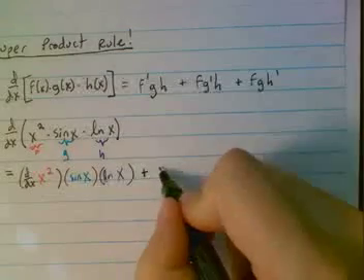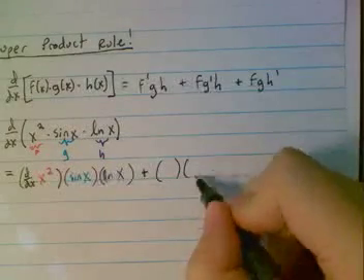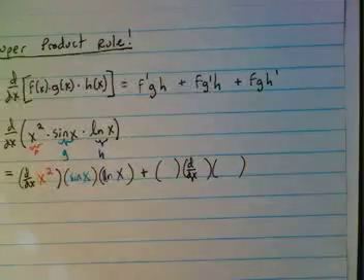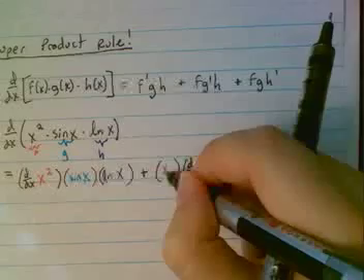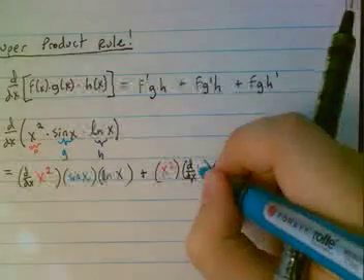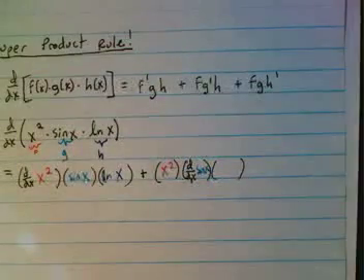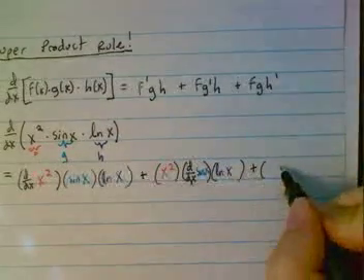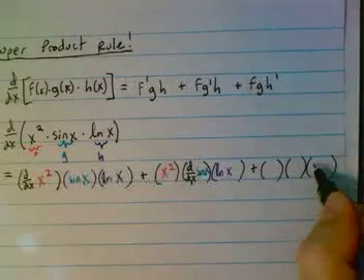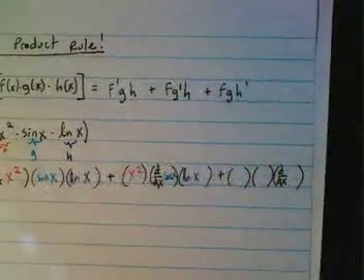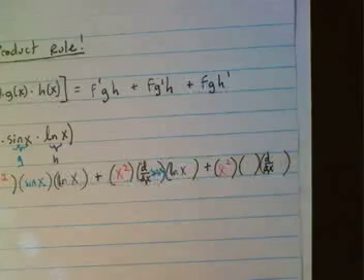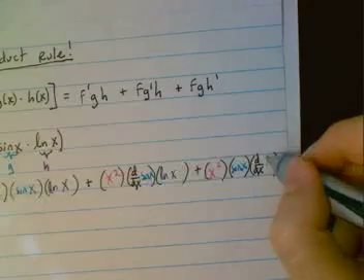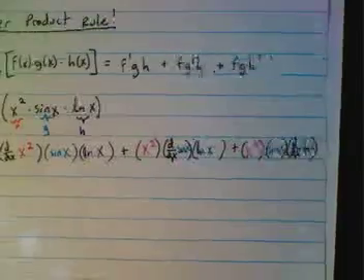And then adding in this term, where we're looking at the derivative of g, but everything else is just along for the ride. And then that very last term, like so.